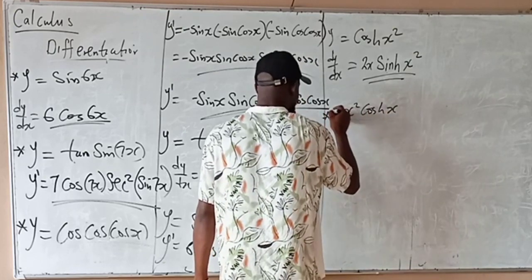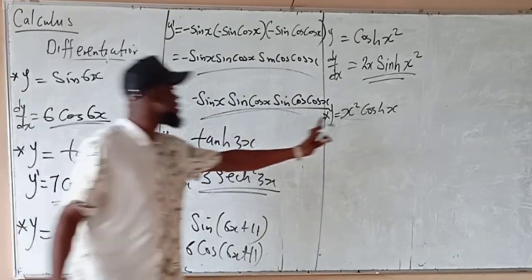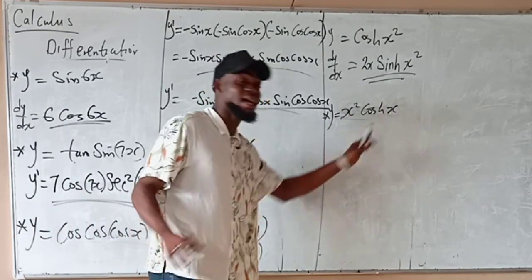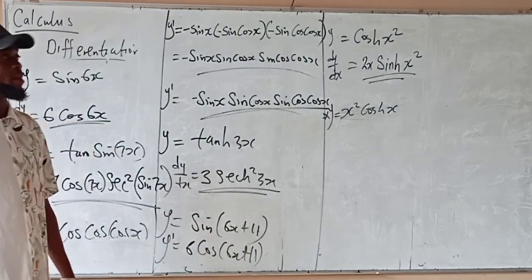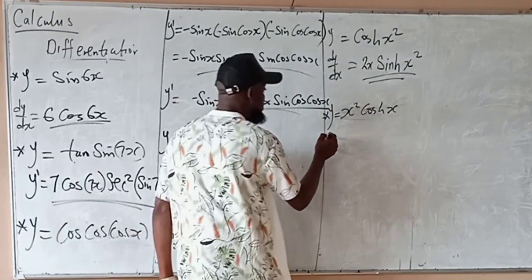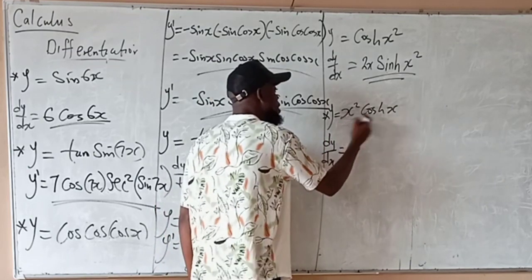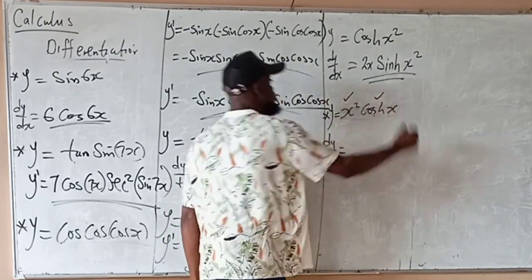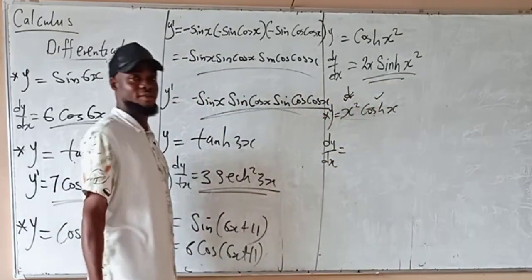If y equals x squared cos x, how do you do that? If you see that we have two functions here, we now use the product rule. Now, if you want to do the product rule, dy/dx will be, therefore, we have 1, we have 2. The first thing, you will differentiate this first one.